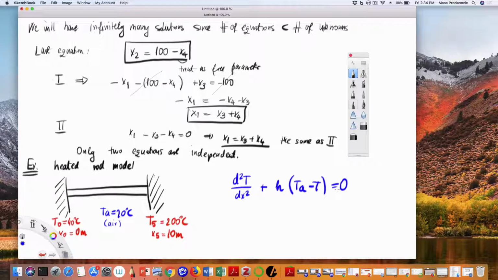Okay? So if I have hotter versus colder, the bigger the difference, the faster the transfer will happen. And H is basically what tells me something about air and, I'm assuming this is a metal rod, air-metal contact, and how fast the transfer between the two happens. I know that air is relatively low conductivity for heat, 100 times lower than a metal, and therefore they can't catch up with each other, so they can support different temperatures, right?